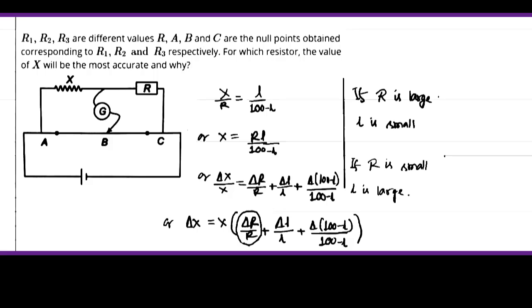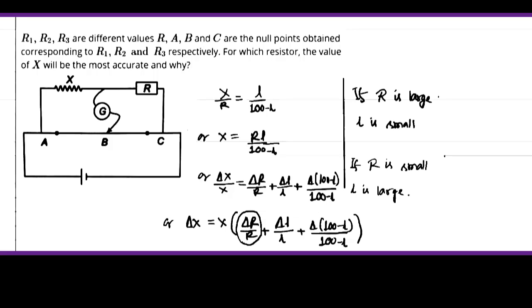So if the value of R is large, then this L will be very small. Since this L will be very small, the overall value of this expression del L by L will be very large. That means ultimately the error in X, the error while calculating the unknown value, will be large.